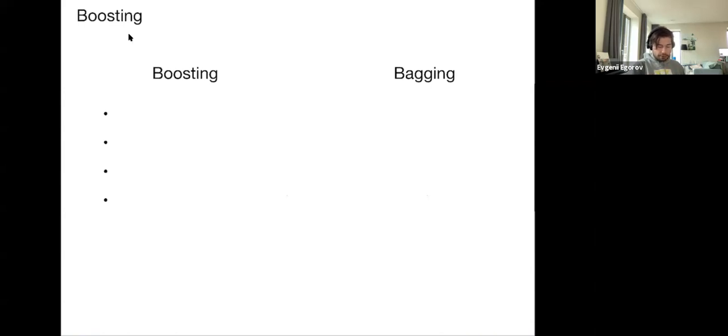What we do in boosting is take very simple models as base learners. By simple, I mean that they could have high bias.